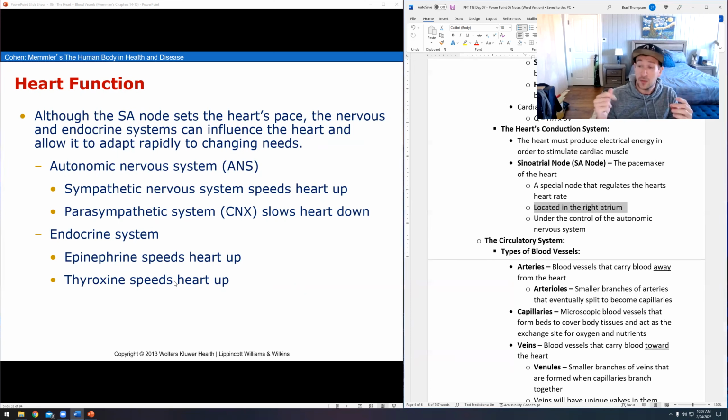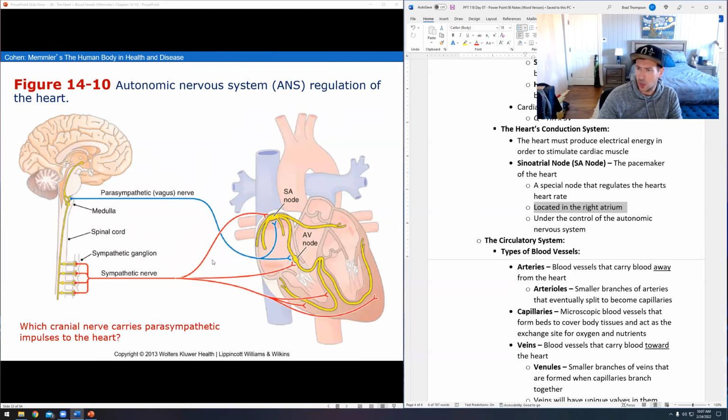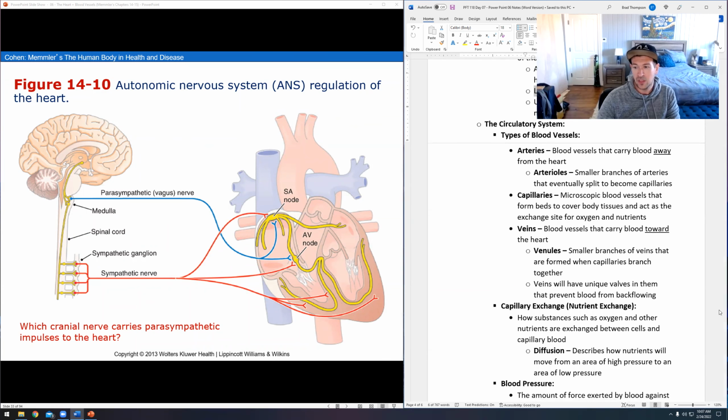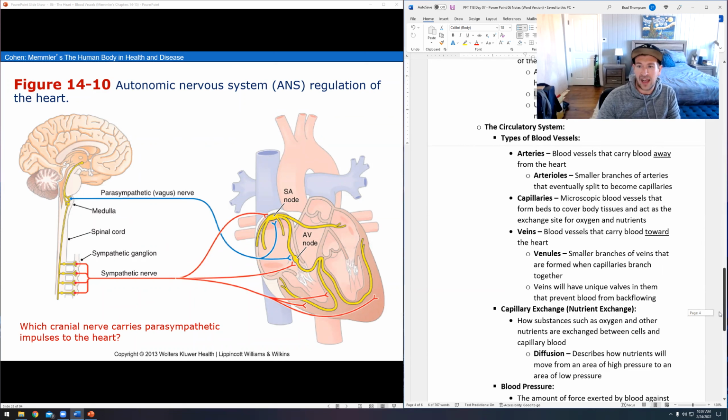Those two hormones tell your SA node to start beating faster, right? If you pump it full of lactic acid, it'll beat faster. And if you pump it full of dopamine or serotonin, that will cause it to slow down because it's in a rest and digest situation, right? So that is how that's all going to work.